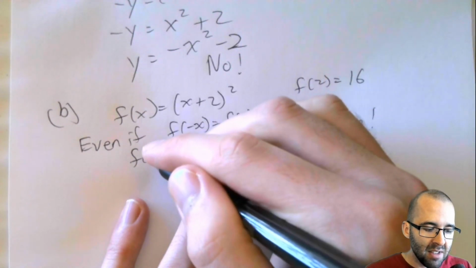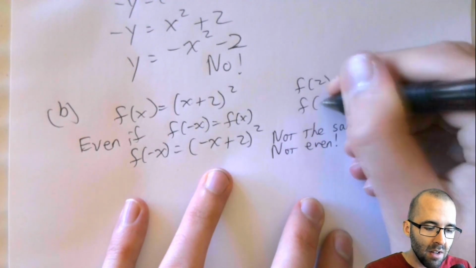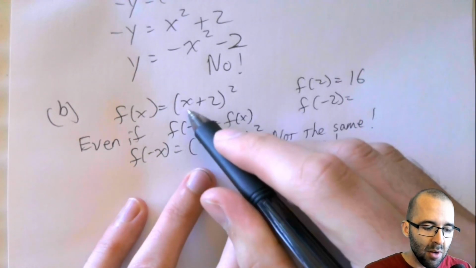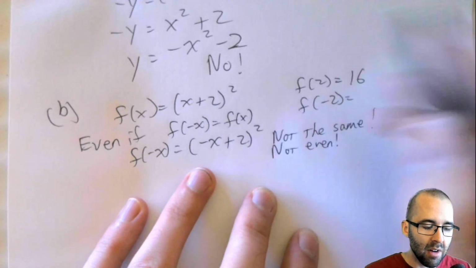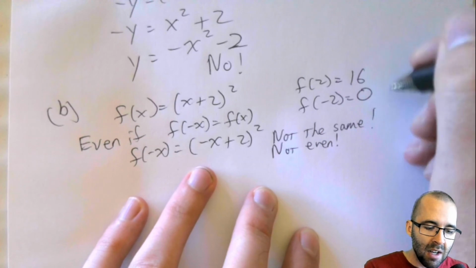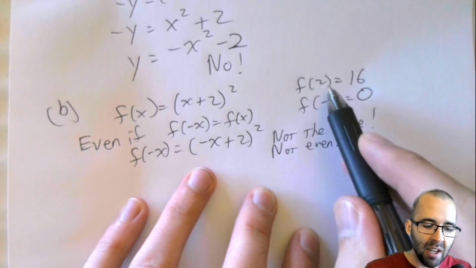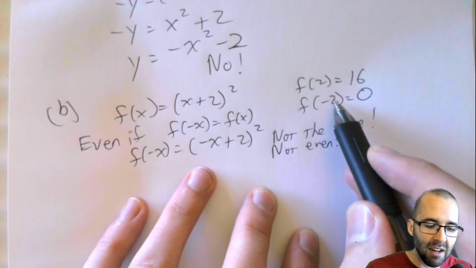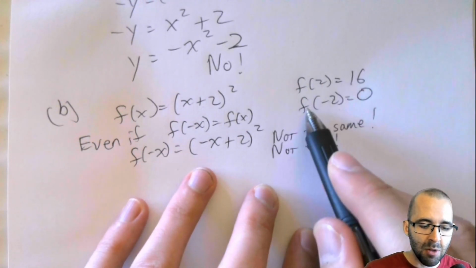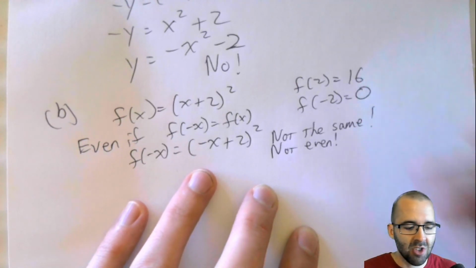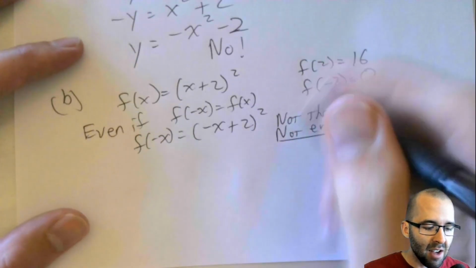But if I replace that with negative 2, that's negative 2 plus 2, which is 0 squared. 0 squared is 0. And these are not the same. This should be the same for any number I plug in. F of 3 should be the same as f of negative 3 if it's even. F of 4 should be the same as f of negative 4 if it's even. So that's another way to check. So it's not even, but maybe it's odd.